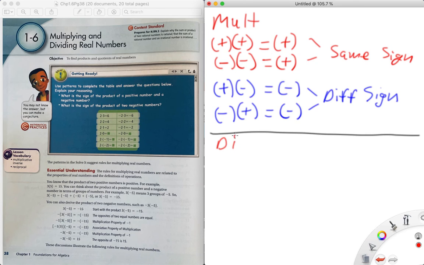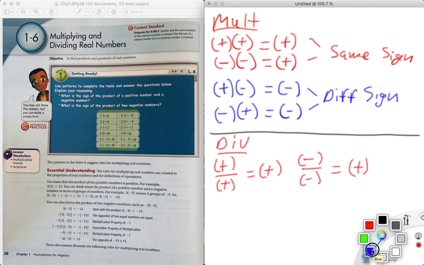So when you're dividing, just like when you're multiplying, if you're dividing the same sign, your answer will be positive. So positive divided by positive is positive, and a negative divided by a negative is also positive.